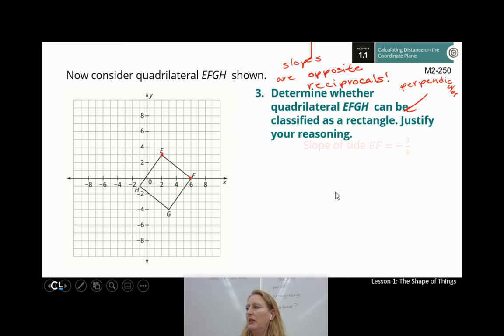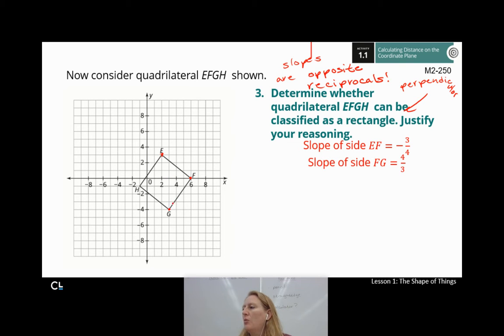Let's do the slope from F to G. Actually, maybe I'll go G to F. That would probably be easier, because I want to do my rise first. So it looks like I have to rise 1, 2, 3, 4, and then I run 1, 2, 3. So +4, +3.